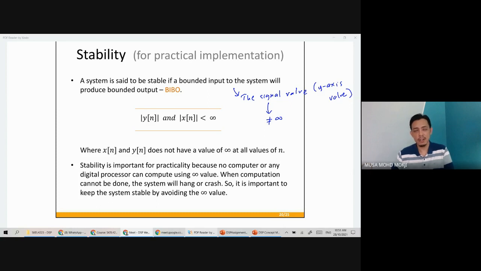But because of the spec of that washing machine, it can only spin at a maximum of, let's say, 20 kilometers per hour. If it goes beyond that, it will blow the circuit.